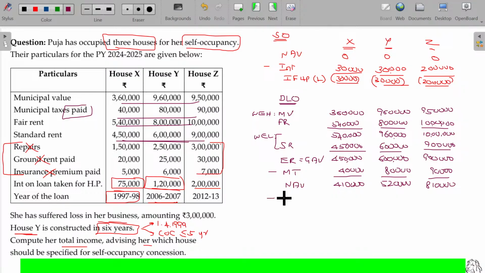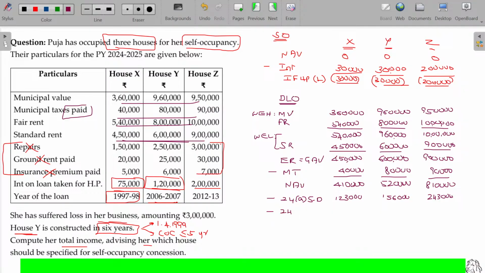From here you can subtract the standard deduction under section 24(a), 30% on this: 1,23,000, 1,56,000, 2,43,000.